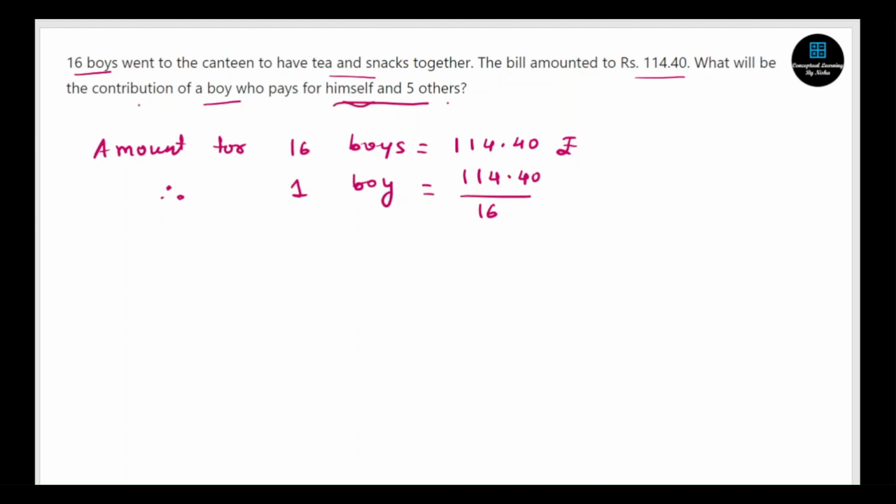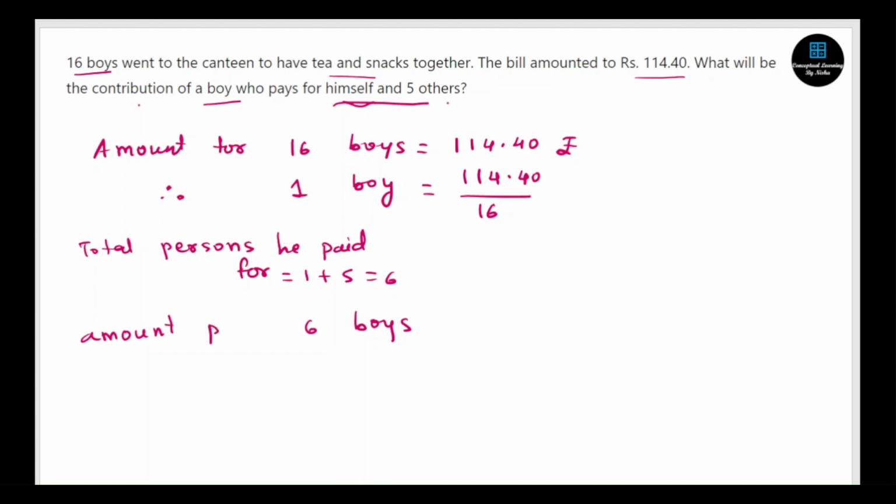Now see, total contribution they are asking for himself and 5 others. So total persons he paid for equals 1 plus 5, which is 6. So I want to find for 6 boys. So the amount paid for 6 boys equals 6 times 114.40 upon 16, right?